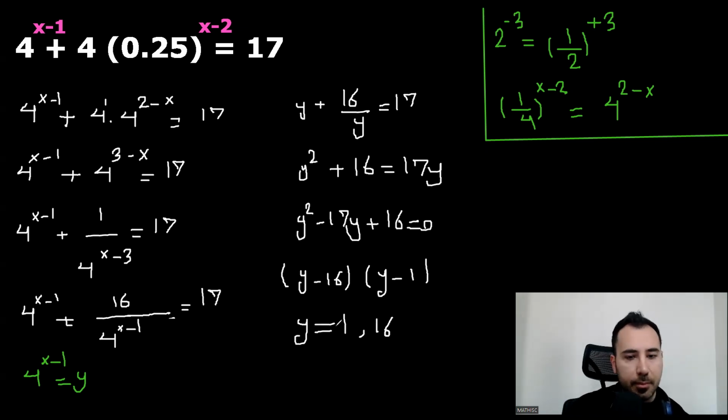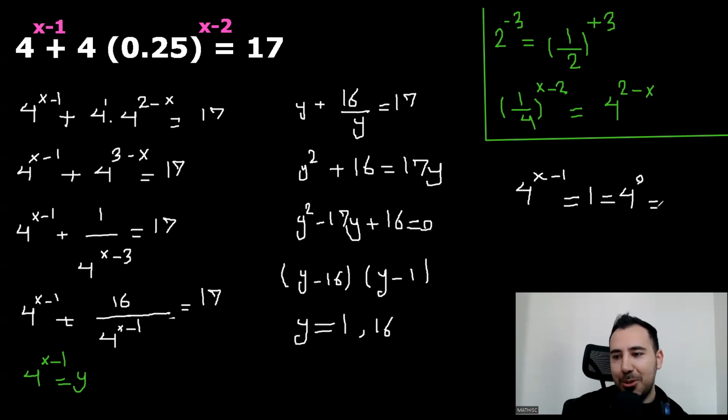Now we have this, remember? So from here, 4 to the power of x minus 1 equals, in one case, 1. I could write 1 as 4 to the power of 0. So x minus 1 is 0, so x would be 1.